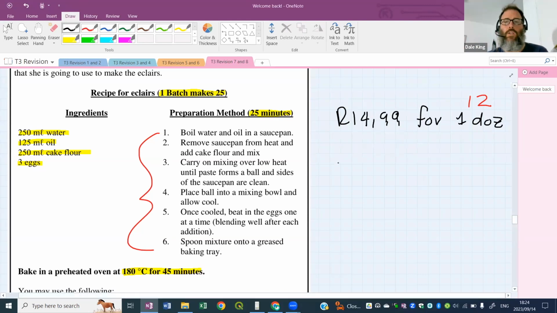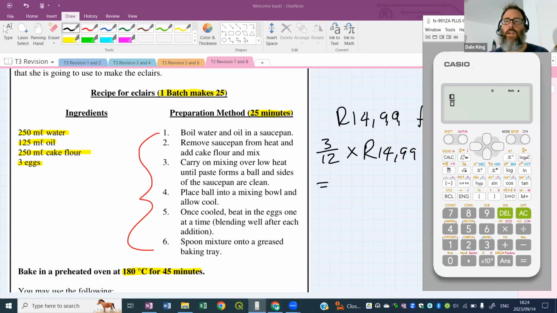So let's say, how many 3s are there in 12? 3 out of 12, that's actually a quarter, if you didn't know. So this is a quarter of the dozen, so I want a quarter of my $14.99.